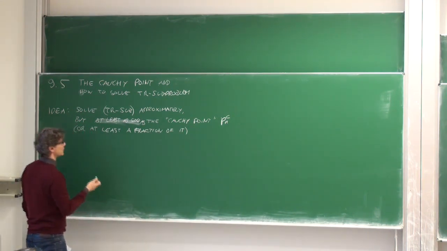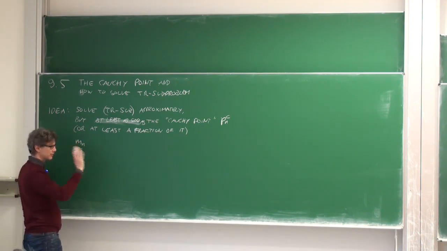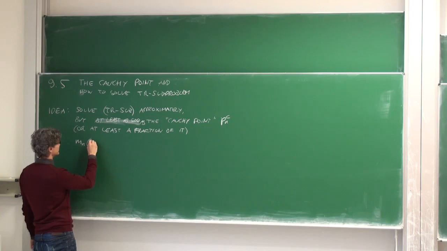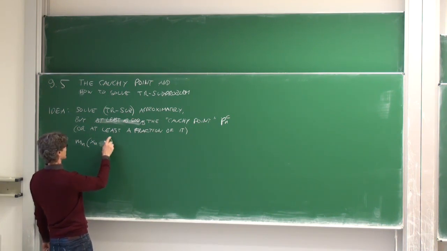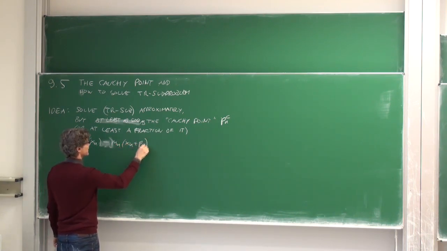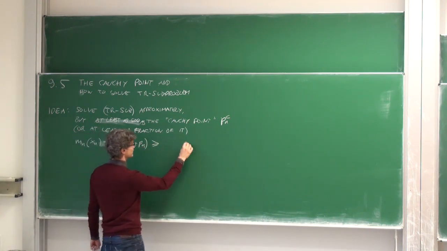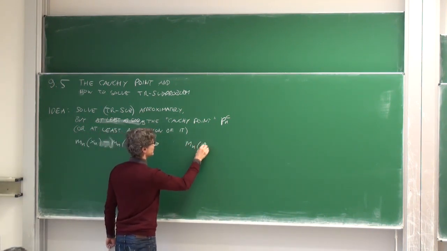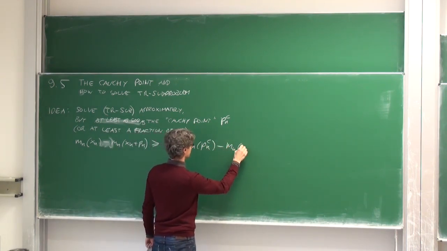What we want is that the model prediction, the improvement of our step x_k plus p_k, should be better than the improvement that we get with this Cauchy Point, which I will define in a minute.